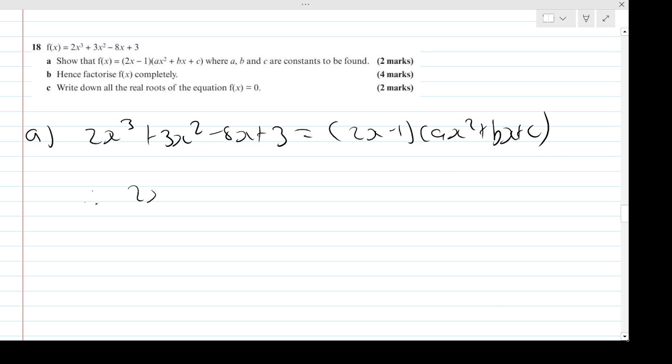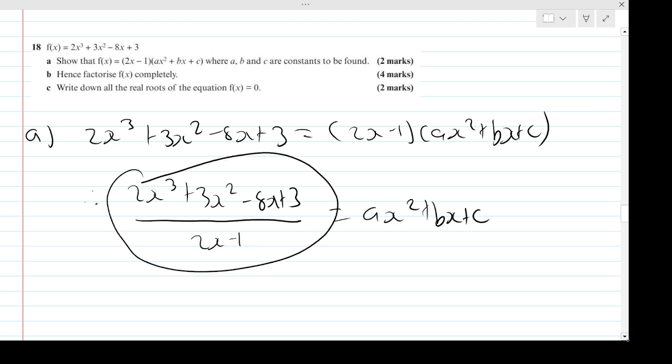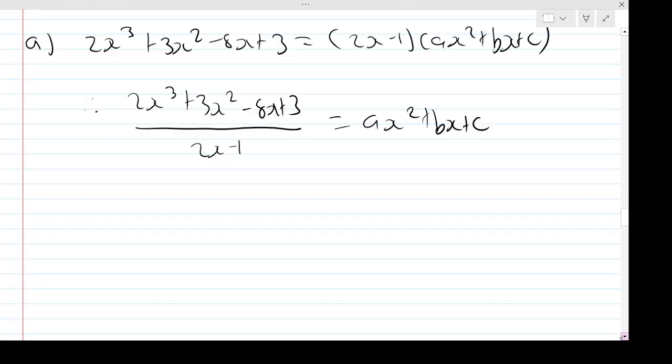So therefore 2x cubed plus 3x squared minus 8x plus 3 over 2x minus 1, that will get me ax squared plus bx plus c, right? But this fraction is just a division. I'm dividing f of x, the cubic, on top by 2x minus 1. I know how to do that, right? I know how to do it using that bus stop method.